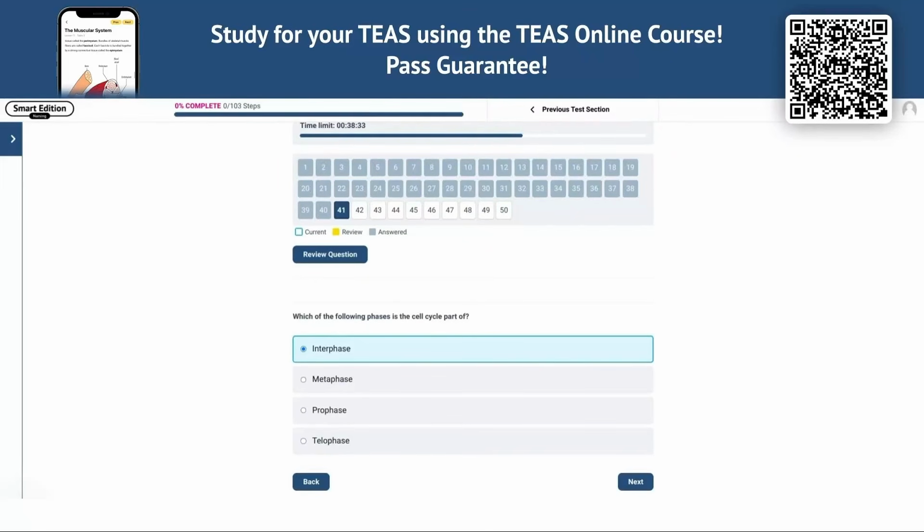So let's talk about these other phases, what they are and why they're not correct. We've got metaphase, which is just one of the stages in mitosis. This is a specific part of cell division, but it's not the entire cell cycle. In metaphase, chromosomes line up in the center of the cell before being separated.